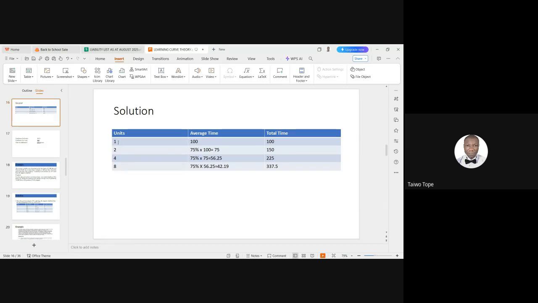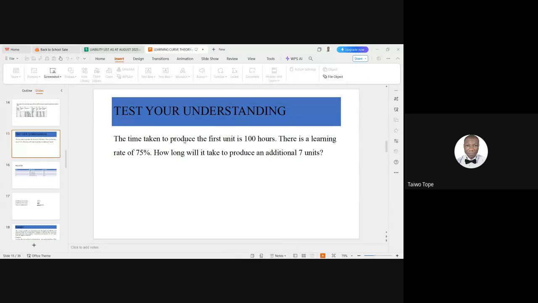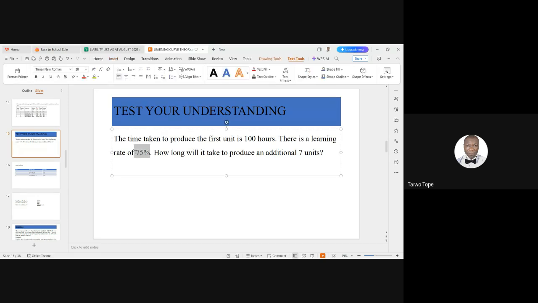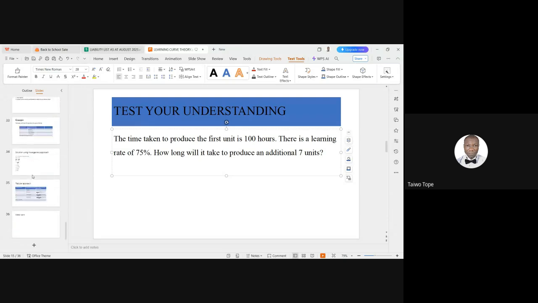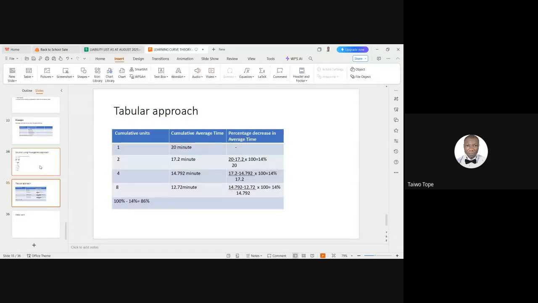For you to determine the average time, you have the learning rate already. The learning rate is already given to you, 75. But in this case, we want to see how you can determine 75 in a question where it is not given. That is when you apply these concepts.